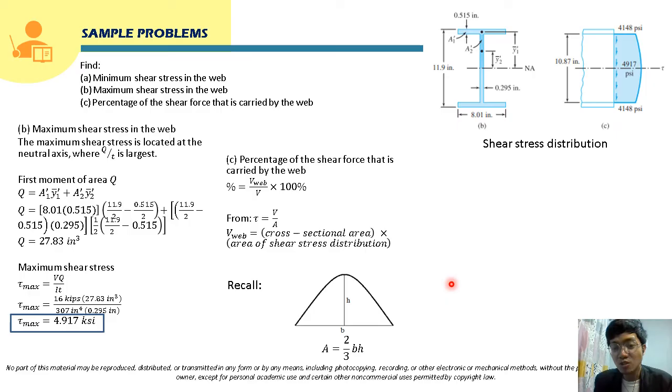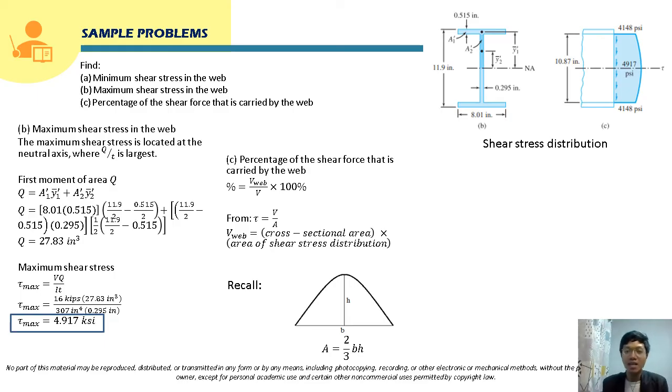In this case, consider B to be just 1, so it becomes 2/3 H. That will be the additional area contributed by this parabolic portion to the area of the shear stress distribution. So the area of the shear stress distribution will just be 4,148 times its base, which is 1, plus for the parabola 2/3 of the base, which is 1, times its height, which is 4,917 minus 4,148.